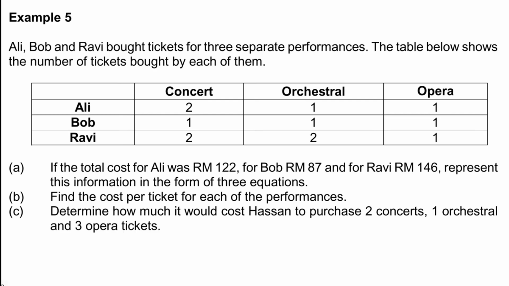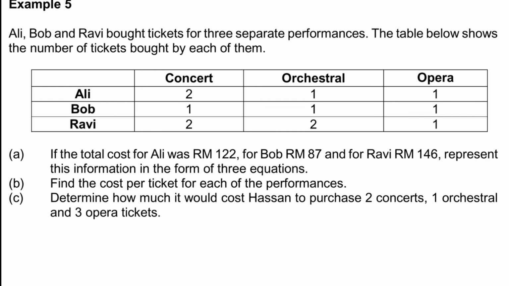We proceed to the last example, which is example 5. Okay, so now Ali, Bob and Ravi bought tickets for 3 separate performances. The table below shows the number of tickets bought by each of them. Here, as you can see, it is already in a matrix form.